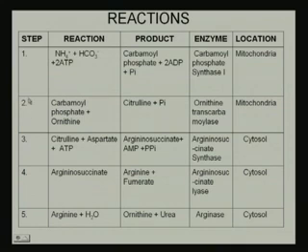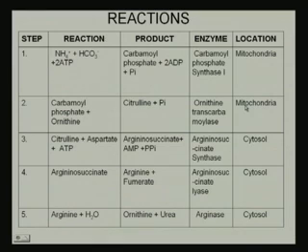In the second step, carbamyl phosphate and ornithine, which is already present in the mitochondria, produce citrulline and one inorganic phosphate in the presence of ornithine transcarbamylase, and this step also takes place in the mitochondria.